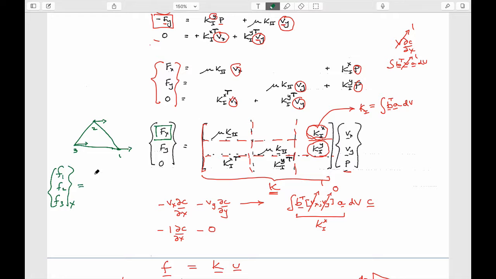And it operates on some matrix which must have 9 terms in it, which will be integral A transposed dA dV, where this term here actually will just be 1s. And it operates on velocities at each of these nodes. The velocity at node 1 in the x direction, the velocity at node 2 in the x direction, and the velocity at node 3 in the x direction.